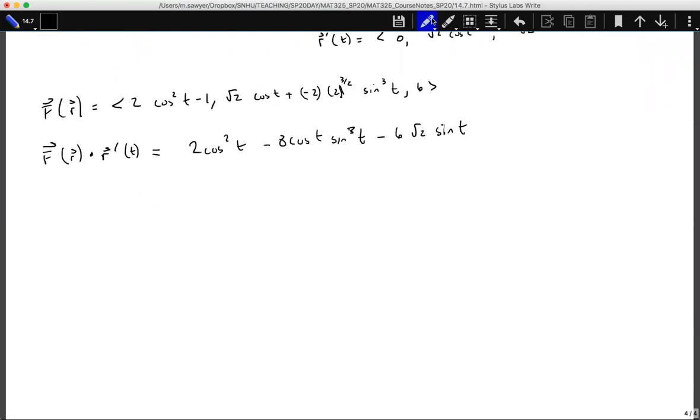So this piece right here, this is in Stokes' theorem.